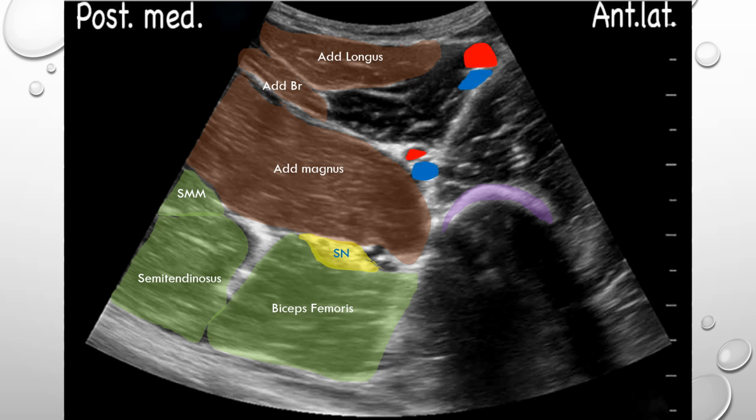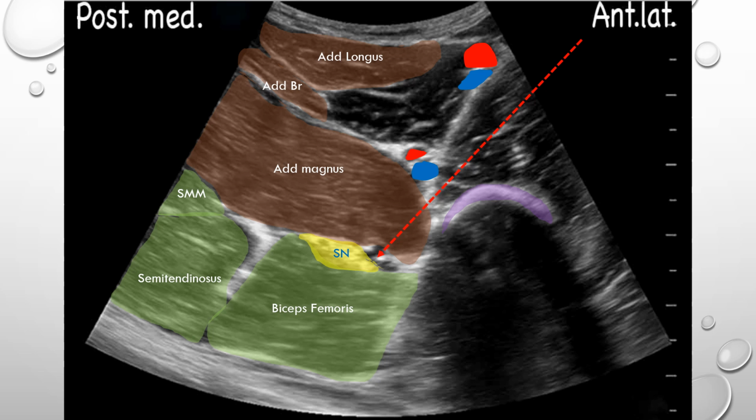The superficial and deep femoral vessels are also identified. A needle is approached from an anterolateral to a posteromedial direction to make contact with the sciatic nerve, and injection of local anesthetic is made.